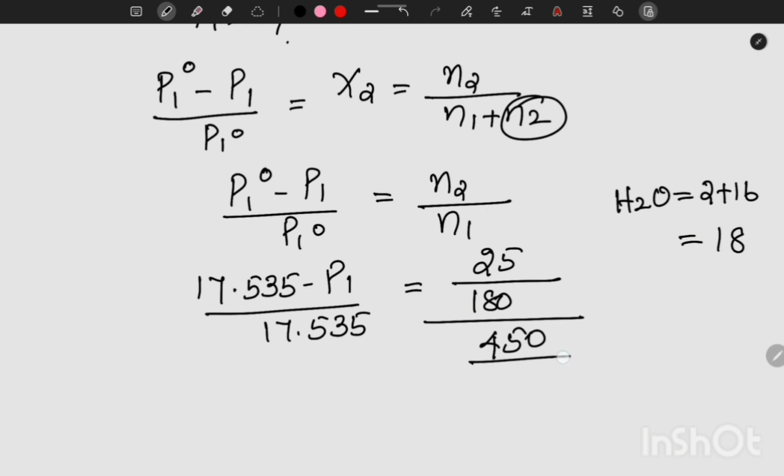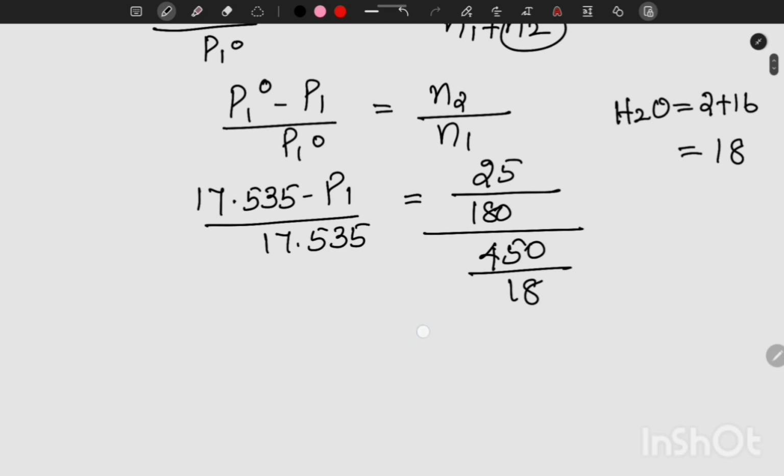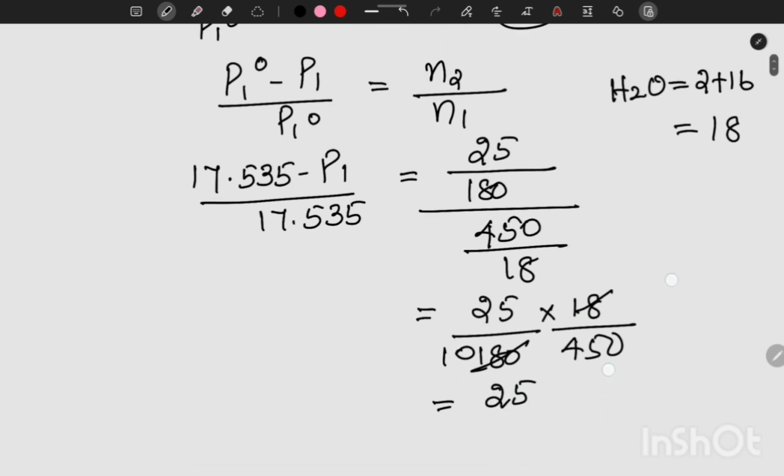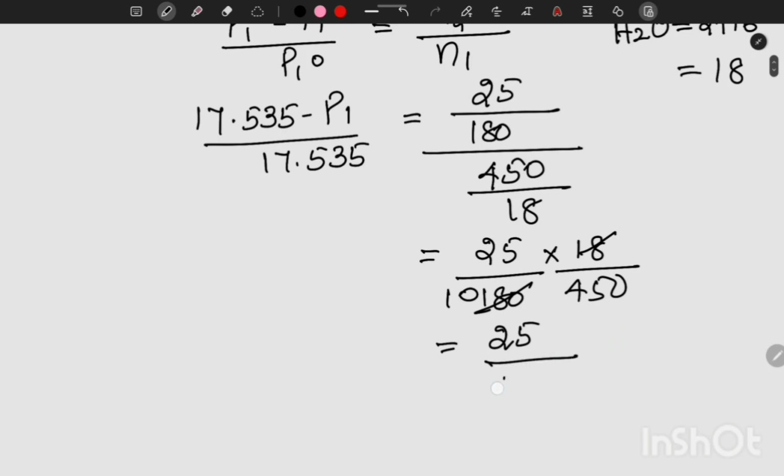So we can substitute 450 by 18. That is equal to 25 by 180 into 18 by 450. So we can cut, we will get 25 by 4500.